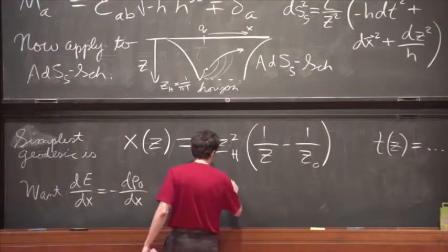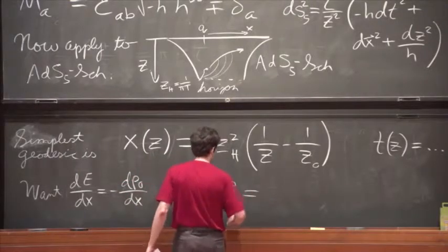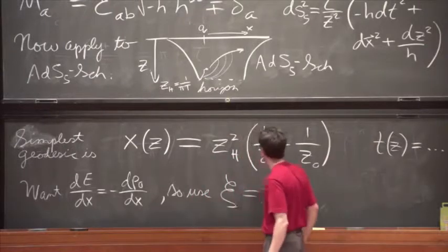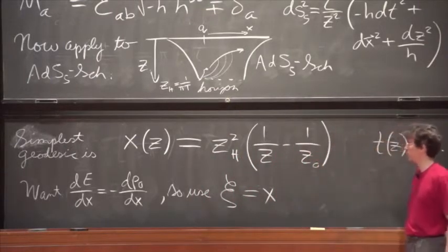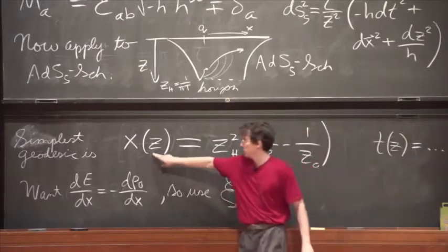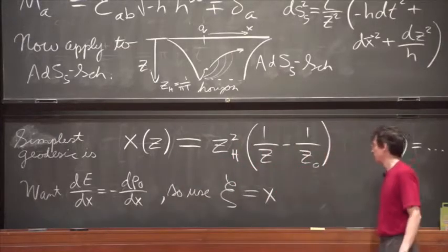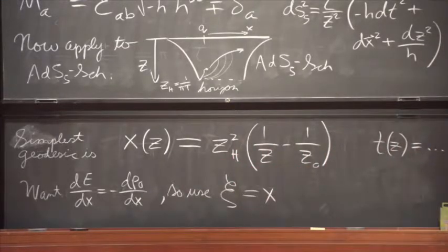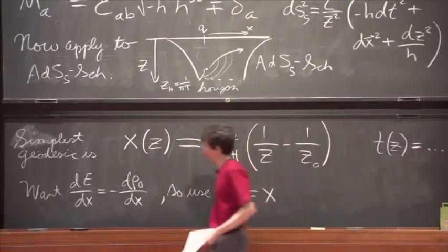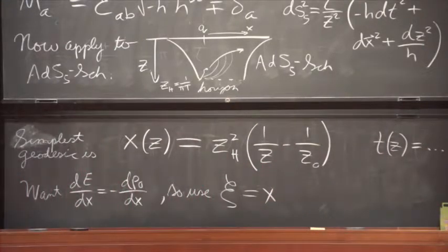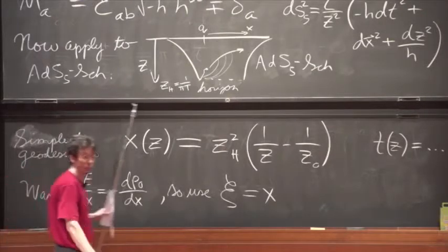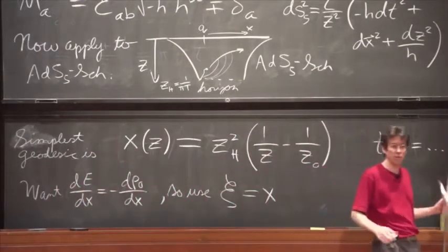So I'm going to use, for my parameter psi, the direction x along the boundary. You would have thought from this formula that I was getting ready to use psi equals z. Well, I changed my mind.